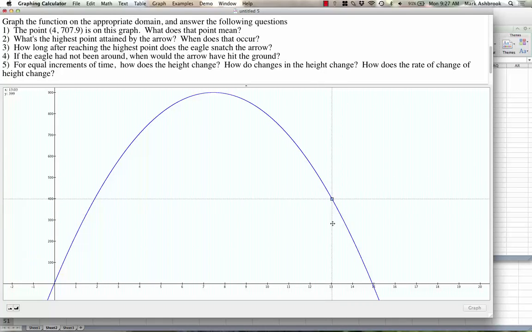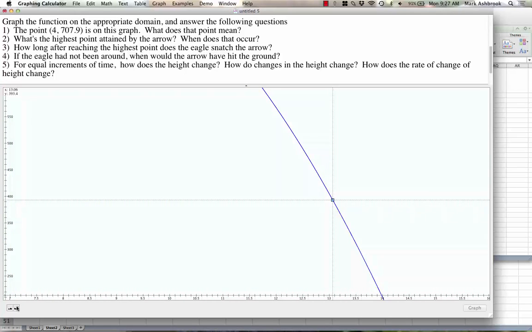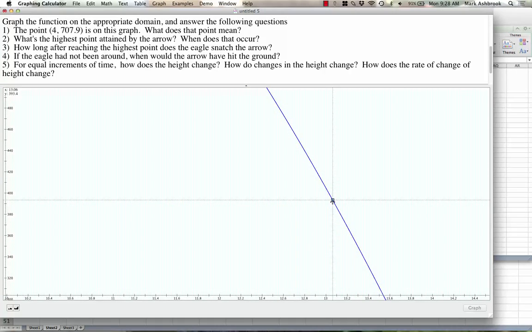Okay, let's do that first thing first here. So, I don't know how close I can get. All right, there's 3. I got 386. I'll just zoom in one more time.